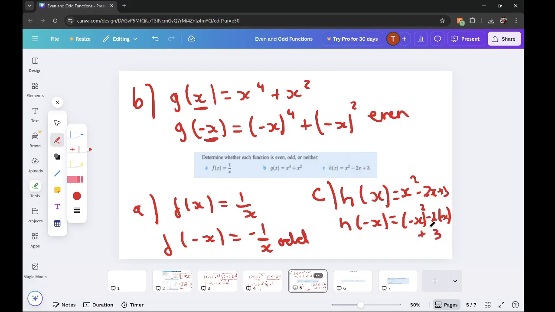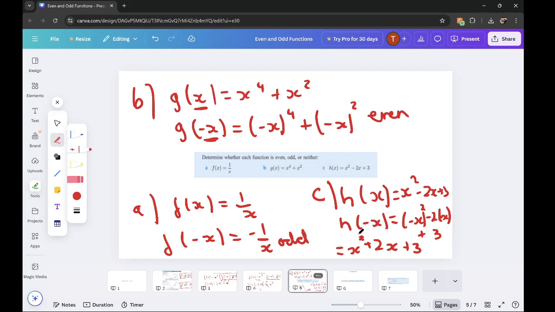Now in this case, you know this part is going to be positive, but you don't know about this part, do you? You don't know what value you're going to get, and it's a really confusing situation. This is going to be equal to x squared plus 2x plus 3, and our actual normal equation was x squared minus 2x plus 3.